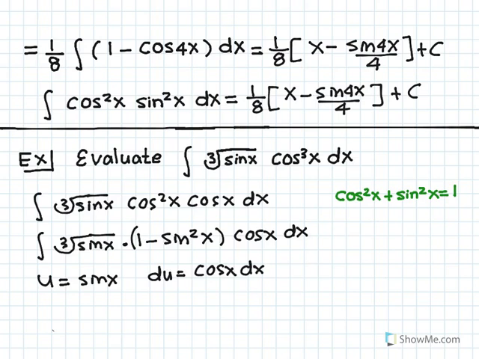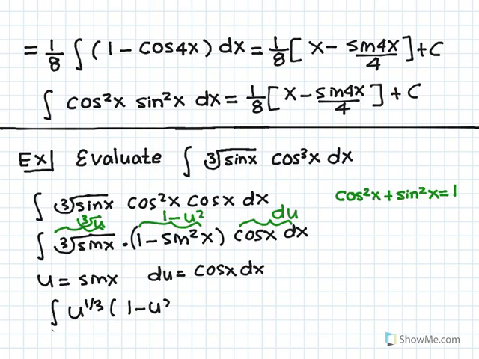All right, let's label these. The third root of sine x is the third root of u. 1 minus sine squared x is 1 minus u squared. Cosine x dx is du. So the whole integral has been transformed by the substitution technique to something that involves u, and it will be easy to solve. So we have the integral of u to the 1/3 times (1 minus u squared) du.